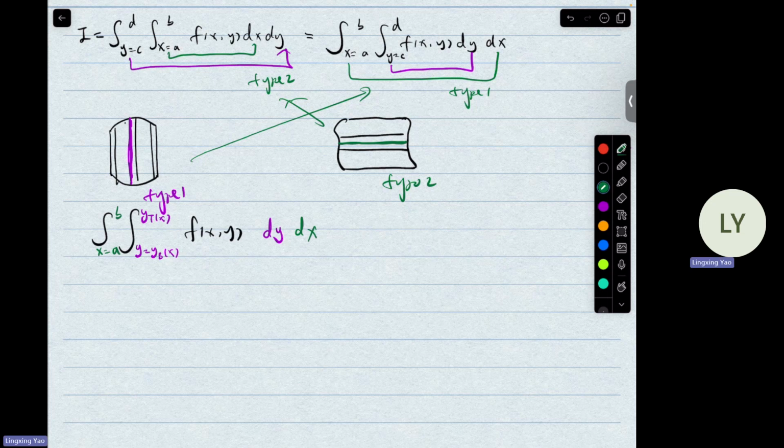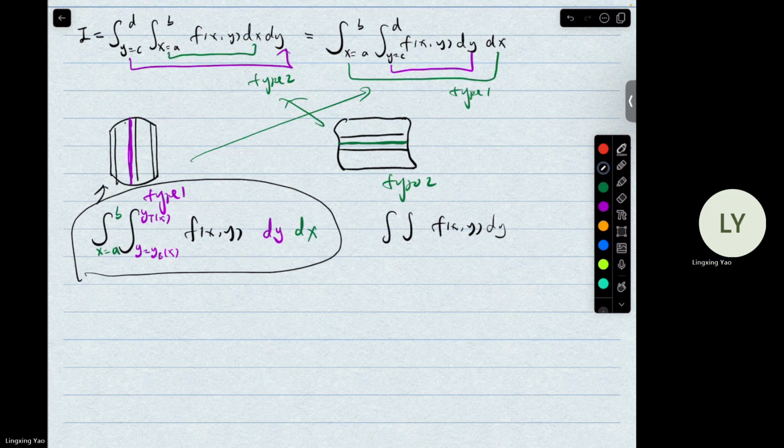This is for the type 1 iterated integral. And for the type 2 integral, we'll have the analogous form, and this is what we're going to get.